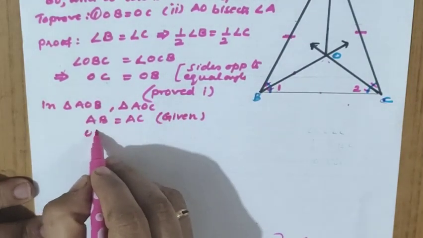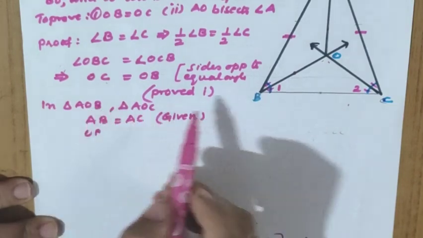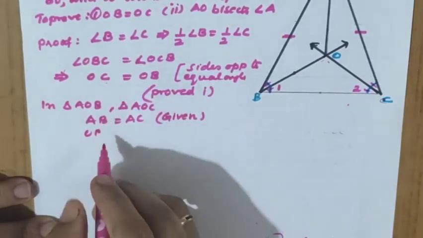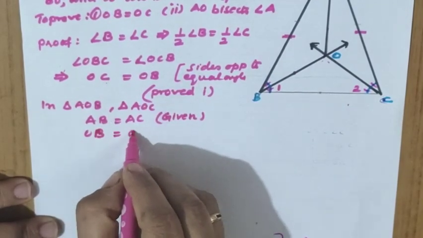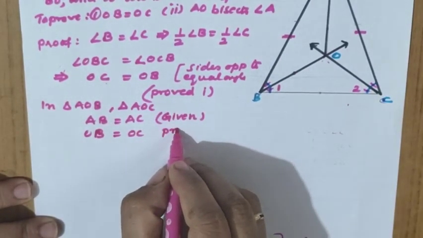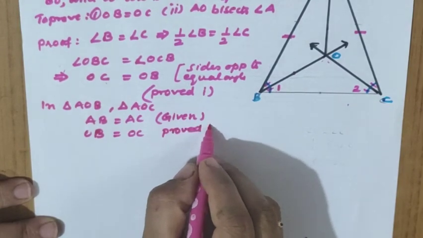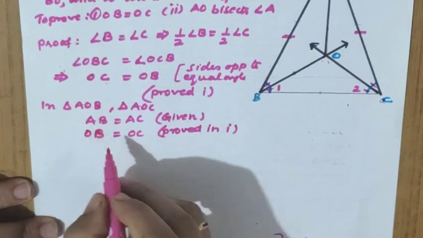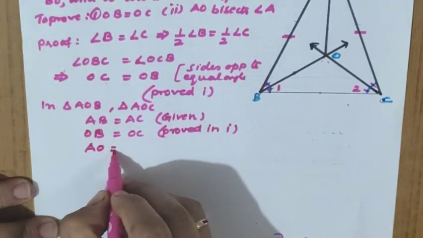Next. OB equal to OC proved in 1. Okay, now AO is common.